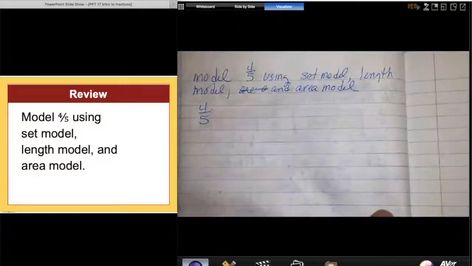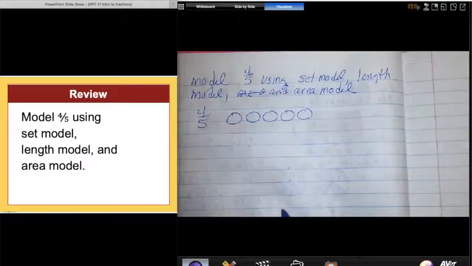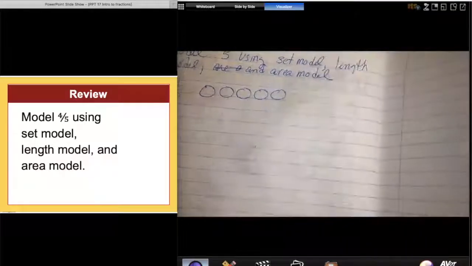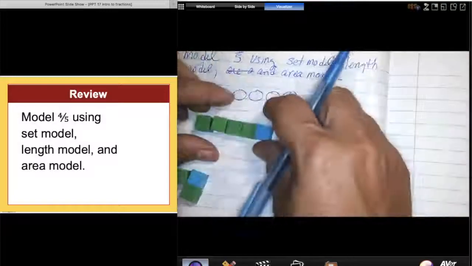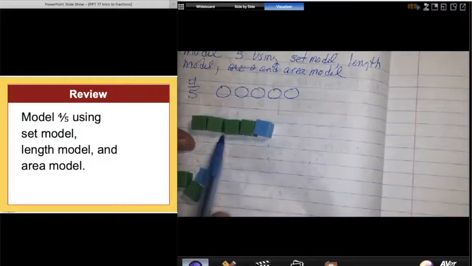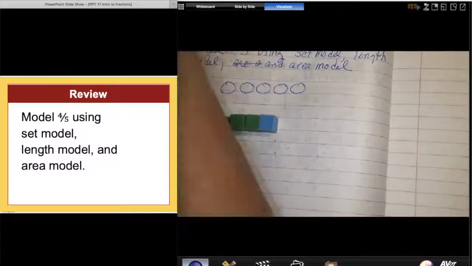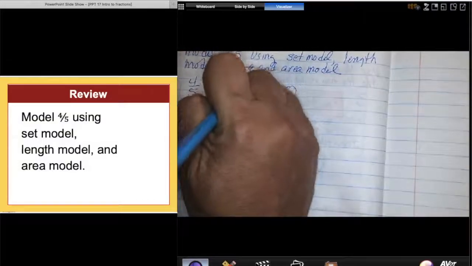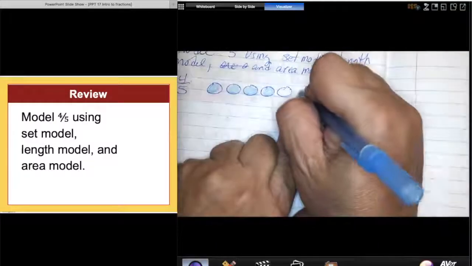Let's start off with a set model. I have 5 objects and 4 out of 5. If I wanted to model that here, I would have 5 of them. 4 out of 5. One, two, three, four, five. 4 out of the 5 are green. One, two, three, four. 4 out of 5.